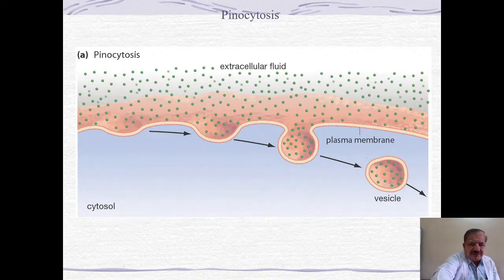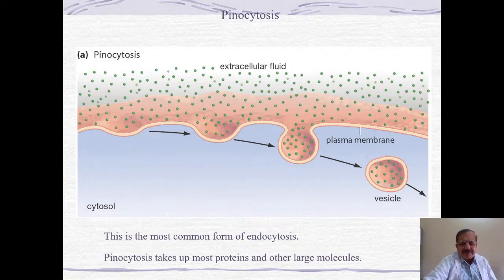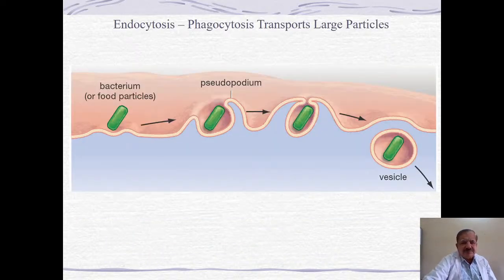Extracellular fluid is coming in, and vesicles are released inside, and again the membrane breaks and unites. With pseudopodium movements, they engulf the material and bring it inside, and the outside membrane gets united again.